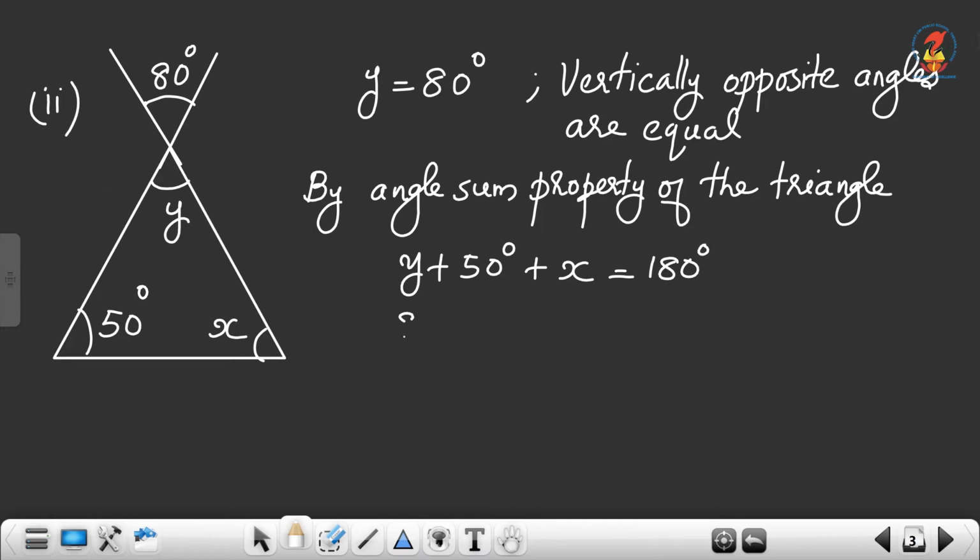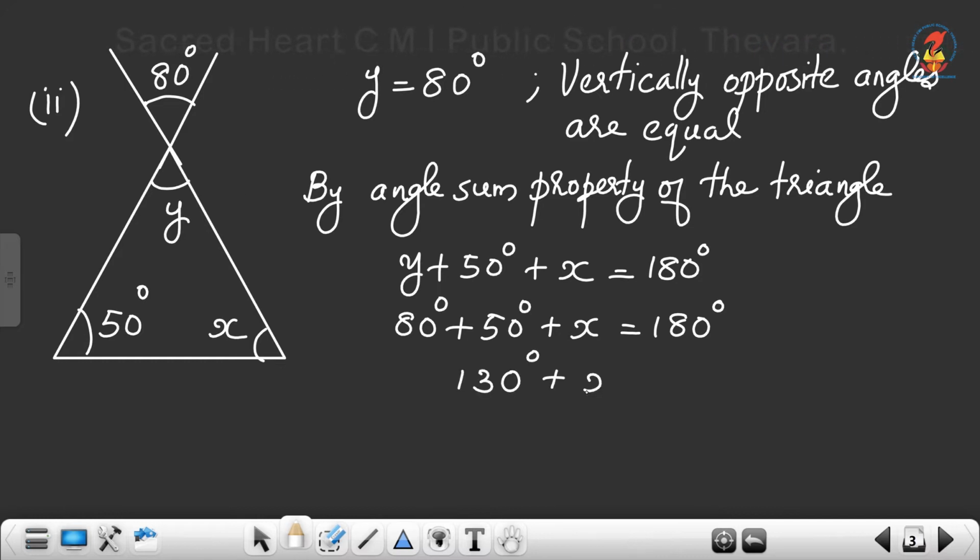Now we got the value of y equal to 80 degree. Therefore 80 degree plus 50 degree plus x equal to 180 degree. 80 degree plus 50 degree is 130 degree, plus x equal to 180 degree.